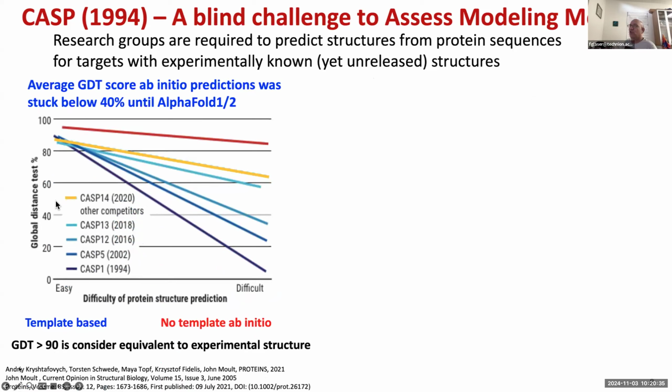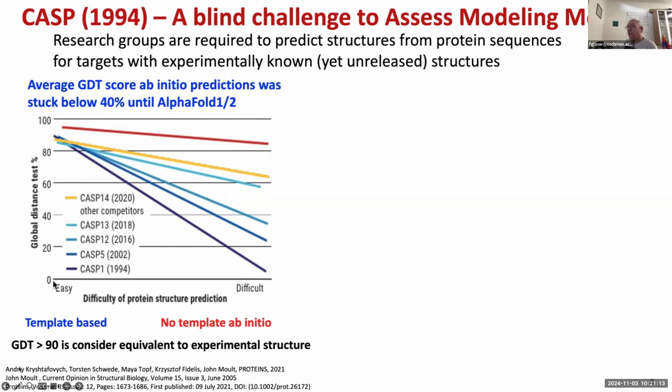This graph shows the advance in the quality of the predicted methods. Here we have a measure called the global distance test, which measures how well the model matches the experimental structure. Remember that they don't know in advance what the experimental structure looks like, so this is after the experimental structures are released. Starting from CASP1, this blue line, there are many different targets in each competition, and we see just the average line.